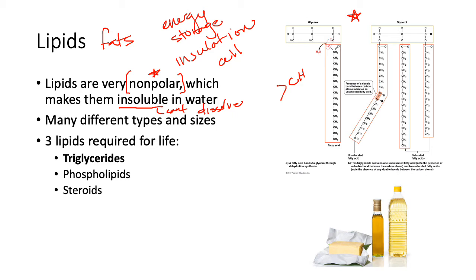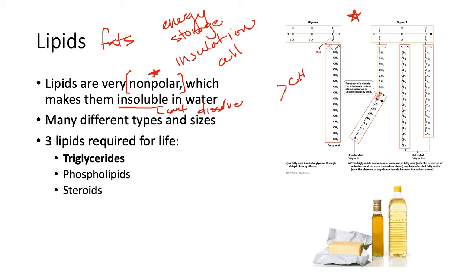But again, this is a very diverse class, and these come in many different types and sizes. There are 3 lipids that I want to talk with you about that are very much required for life: the triglycerides, the phospholipids, and the steroids.